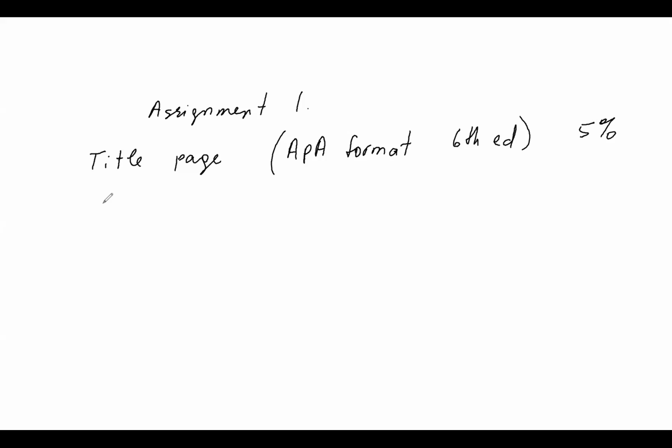Then you should have your introduction or background. That's the next page. You can call it introduction or background, whatever you like better. When we do a research document, sometimes we write an introduction for each part of it, so both introduction and background will be accepted. What should be here? Definitely you should have some APA in-text citations, because this is a mini lit review.